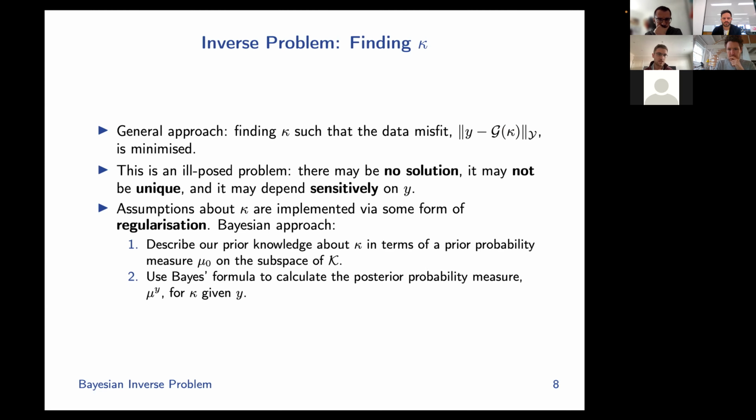What we do here is follow the Bayesian approach, where we put in the prior knowledge we have about kappa in terms of a prior probability measure on a subspace of the curly K space, the parameter space, and then we use the Bayes formula to obtain the posterior probability measure mu y for kappa given the data. So this is all very abstract in general.